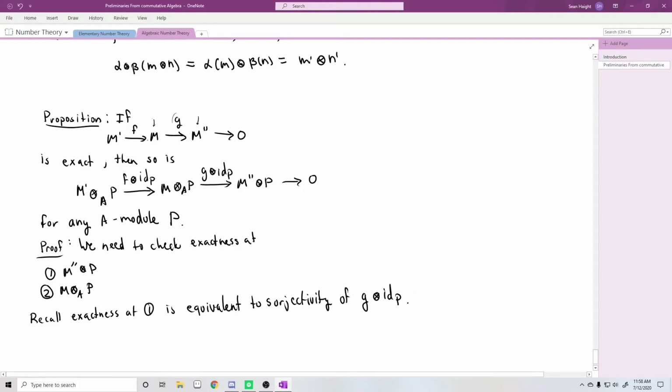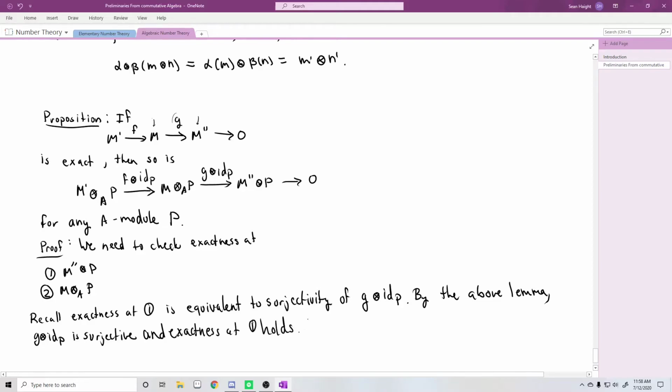G is surjective because this initial sequence was exact. ID_P is surjective because it's the identity map. So G tensor ID_P is surjective, and exactness at 1 holds.